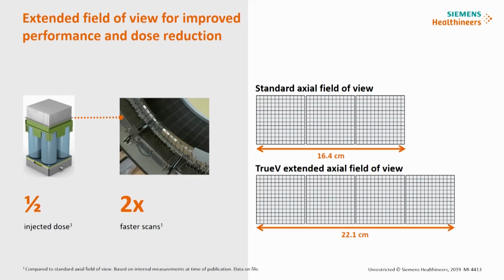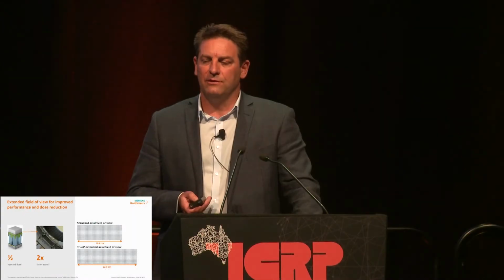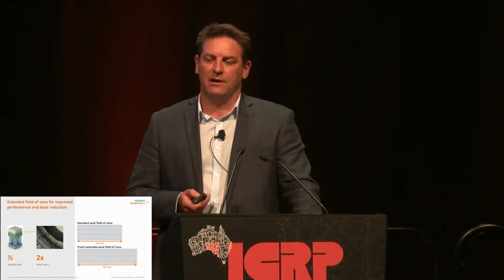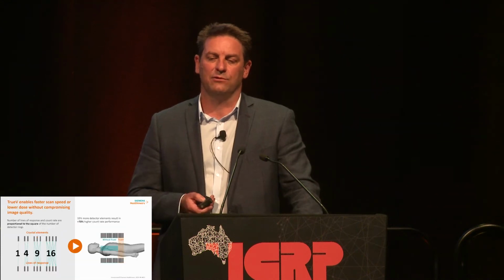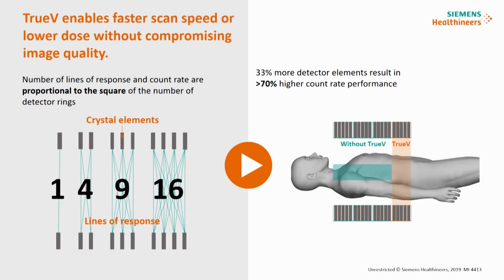Extending the field of view was another improvement that contributed to the possible reduction in injected activity. So you can see here the difference of around a 30% increase in the field of view. And what we see is that the lines of response, or the ways that the scanner can see the information as these photons are emitted.